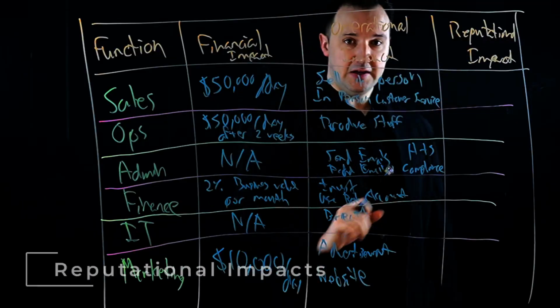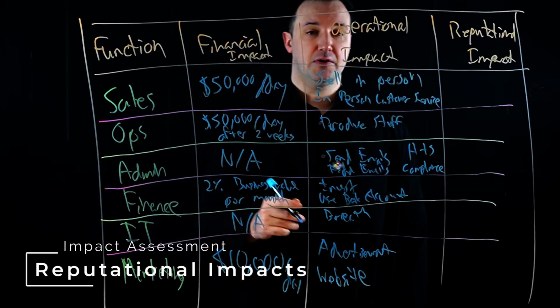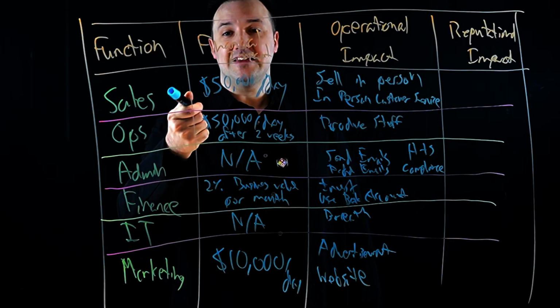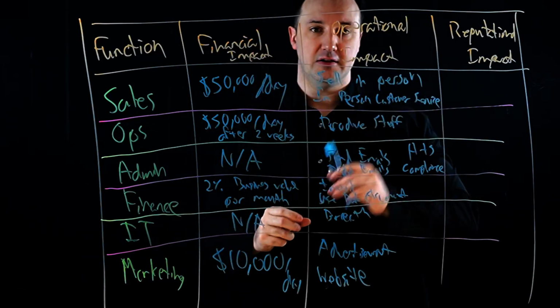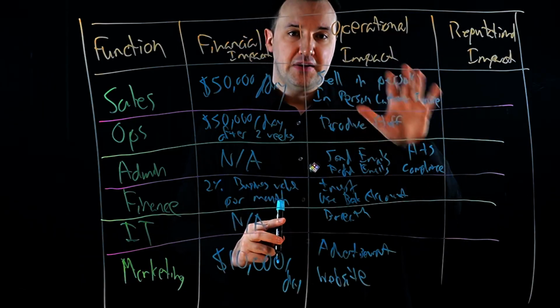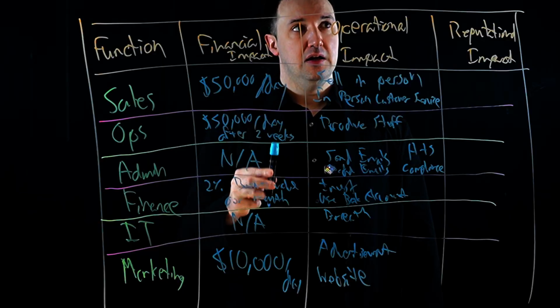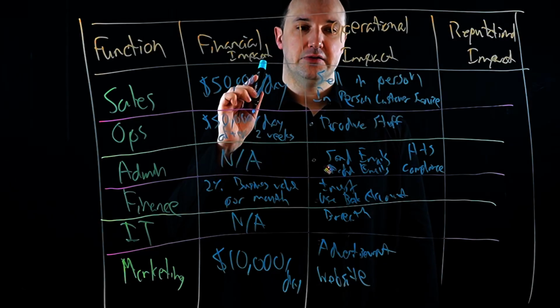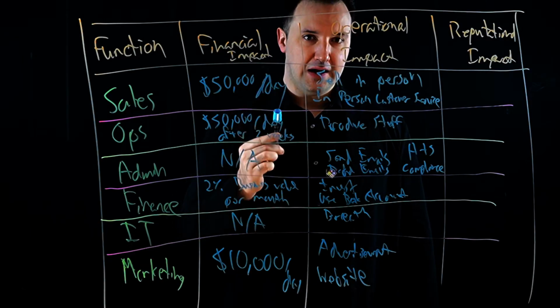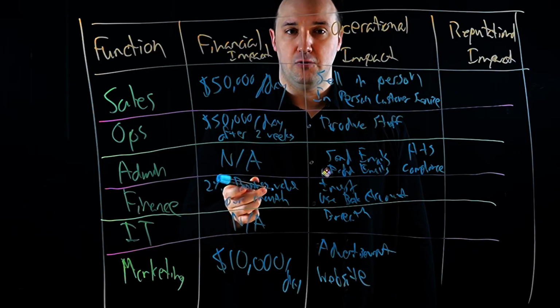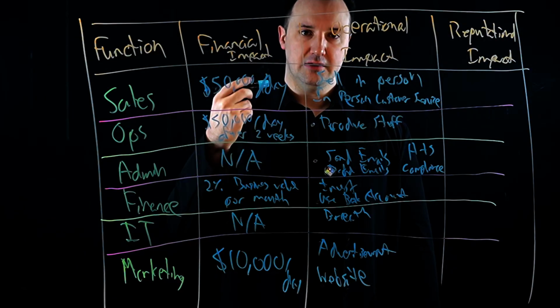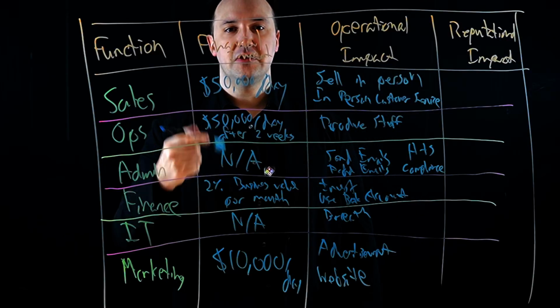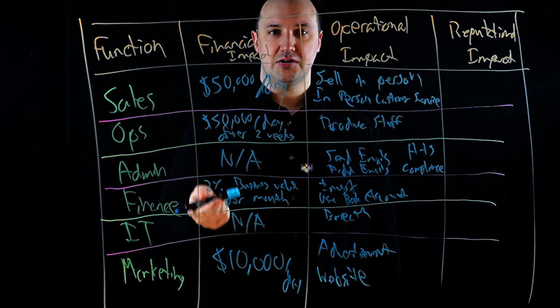Okay, reputational. Let's go through reputation. Let's figure out what we lose. If we can't sell, what is the effect on our reputation? What is the effect here? When you're looking at reputation, one thing you might want to consider is what is happening in the minds of, we'd call it the primary stakeholder, but really the public, the customer, the person that you are trying to keep the attention of.